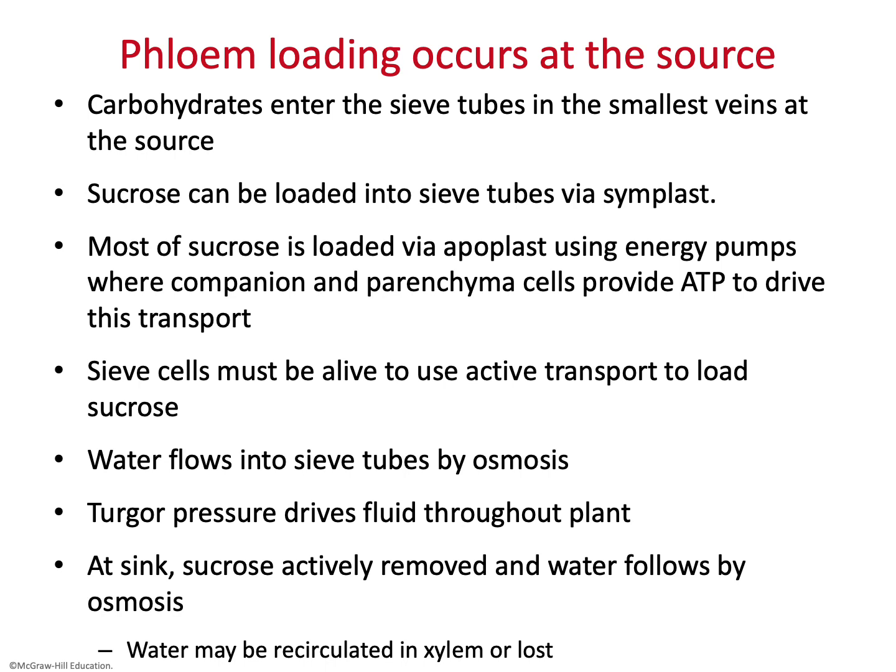Let's look at how sugars enter into the phloem at the source. This loading process is known as phloem loading. When sugars are generated in mesophyll cells via photosynthesis, they enter the phloem via the smallest veins.